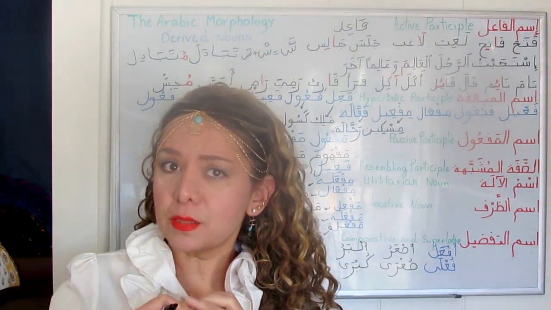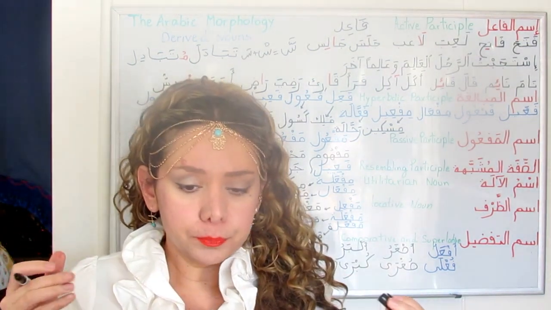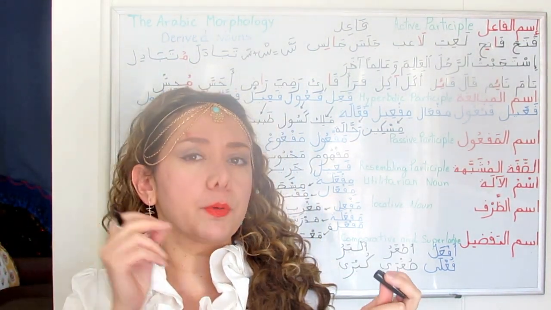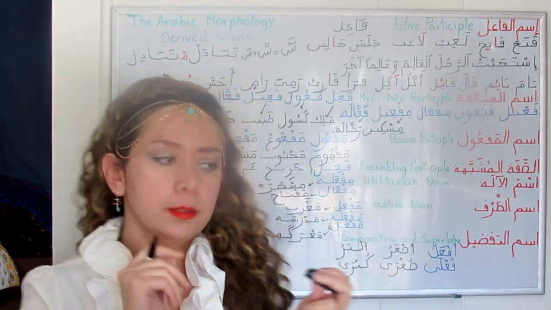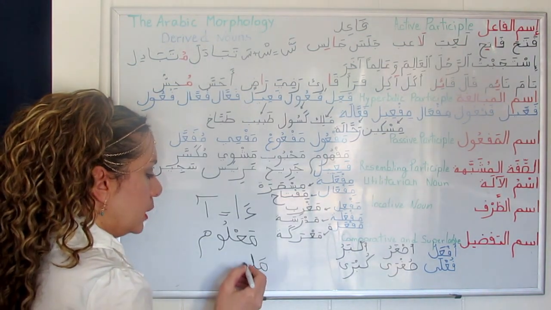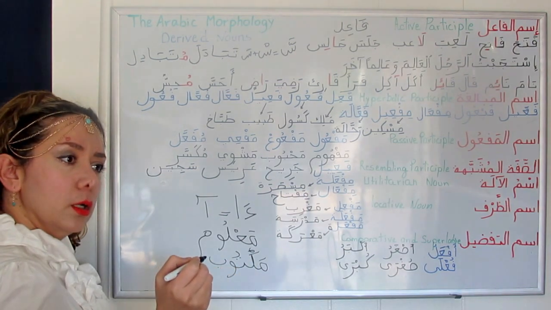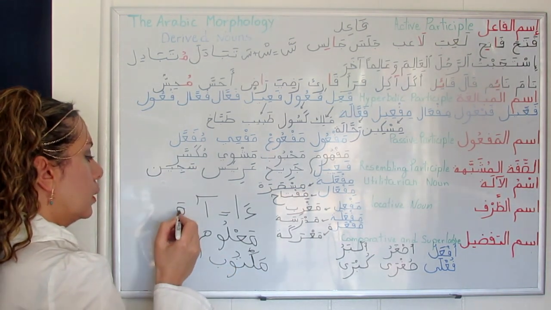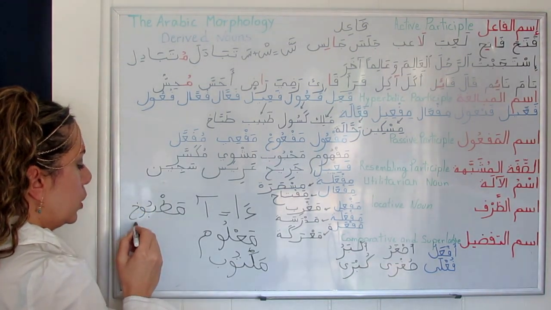Or it may express the result of an action that has already been performed. For example, written, it means مكتوب, something written. Or مطبوخ, it means cooked.